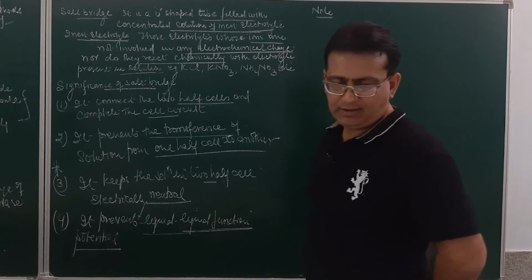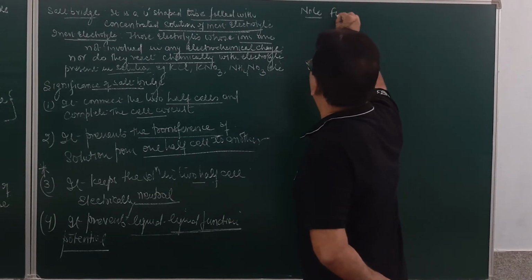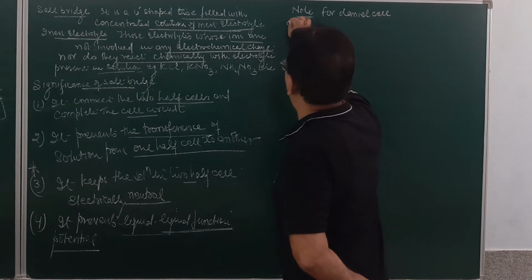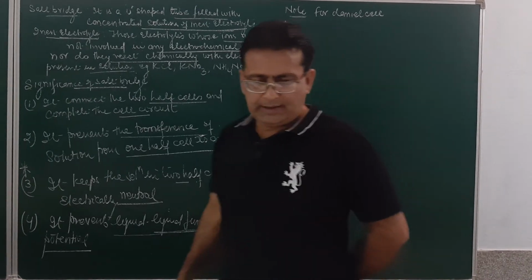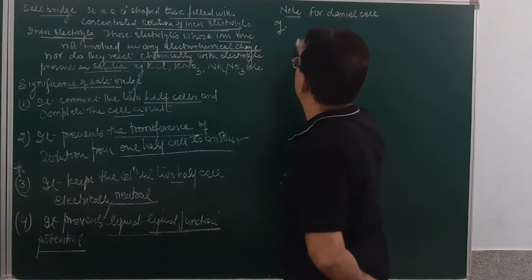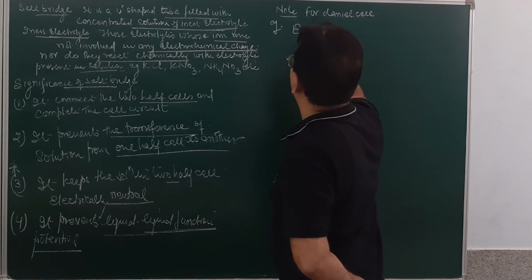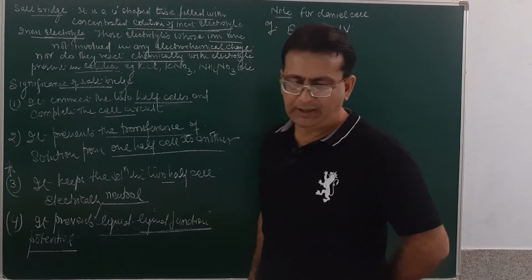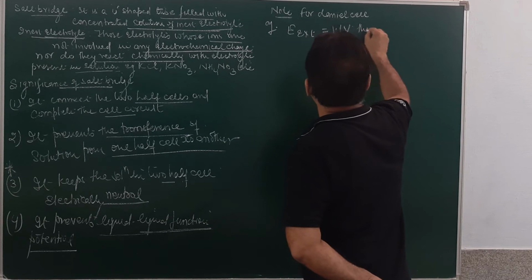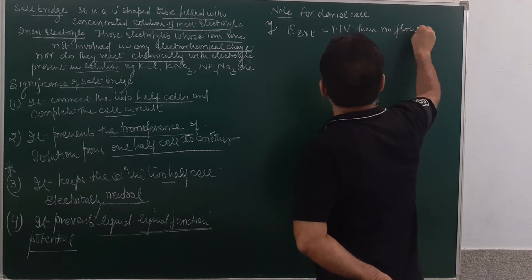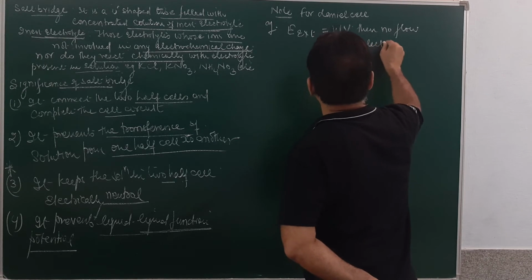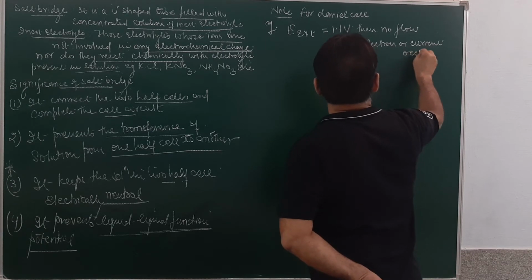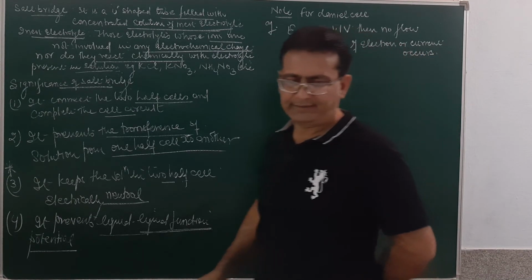If the external EMF of the cell, E external, is equal to 1.1 volt, then no flow of electron or current occurs. Am I clear? Then in that case, no flow of electron or current occurs.